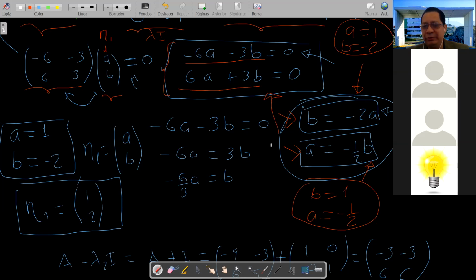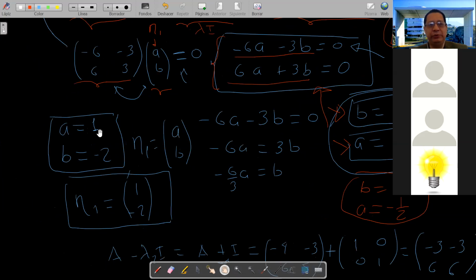So which pair do you use? Anyone. It doesn't matter. You just need to use a solution for this system of equations. And you will see that these two solutions are a multiple of each other. For example, in this case, we have used a equal to 1 and b equal to -2.